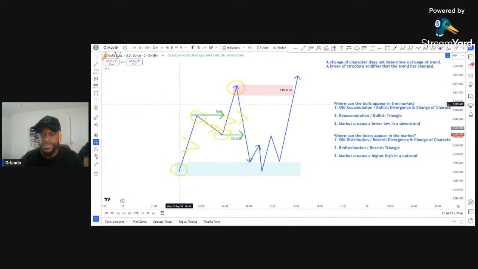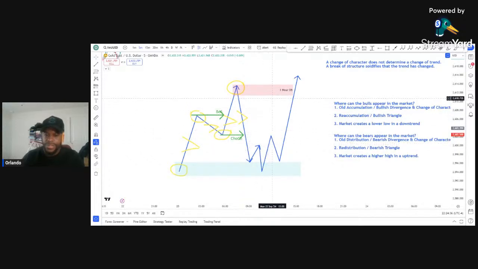Now here's the deal. Once the market created that bearish divergence, followed by a bearish change of character right here, what did the market decide to not do?